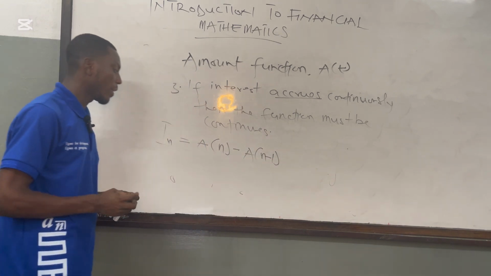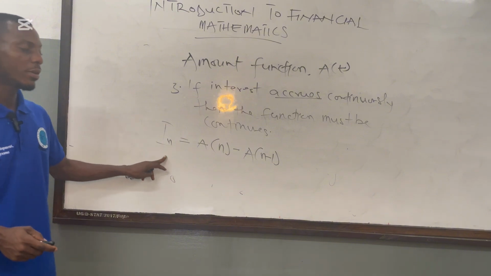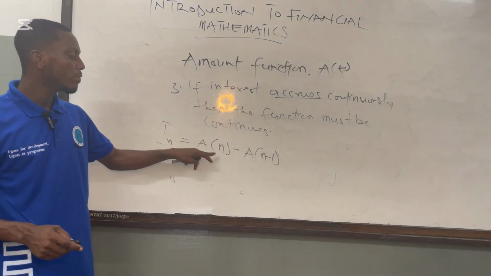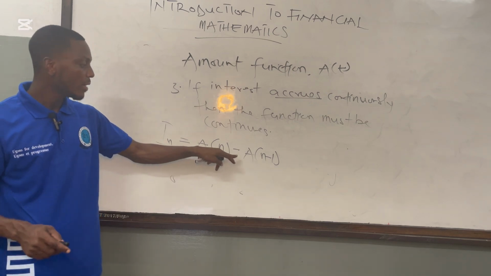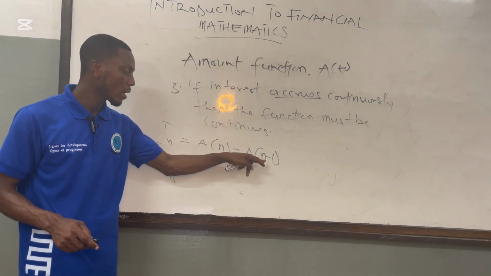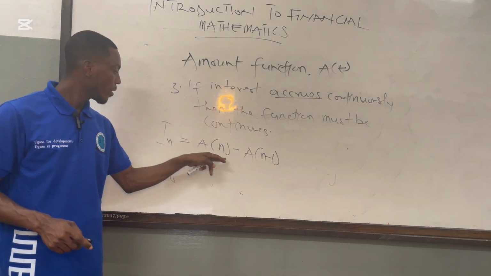So if I want to find the interest earned on a period, it is the accumulated value of that account at time n minus the accumulated value of the account 1 year before that period.